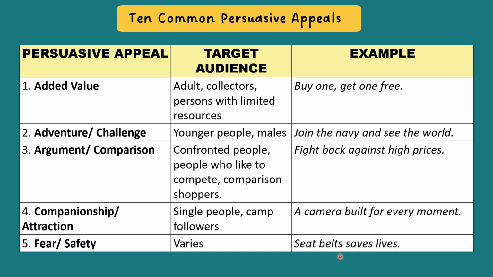So, this is an example of fear or safety because this is promoting that we really need to wear a seatbelt, since it can save lives in case accidents happen. So, again, the persuasive appeal is fear or safety. Example, seatbelts save lives.